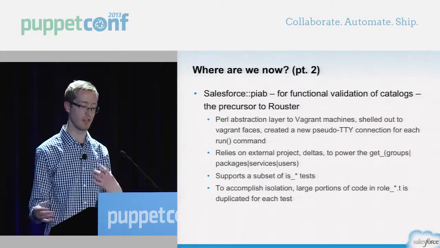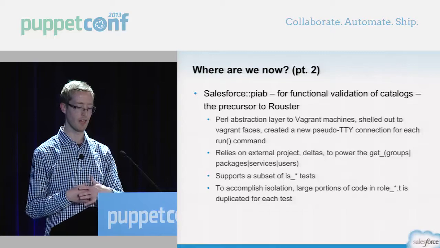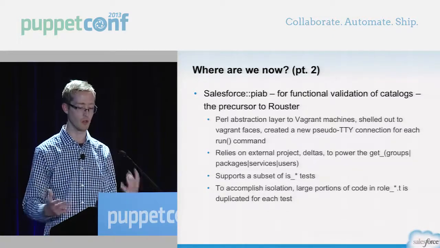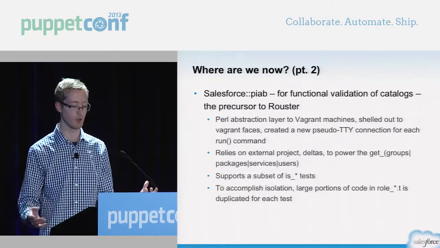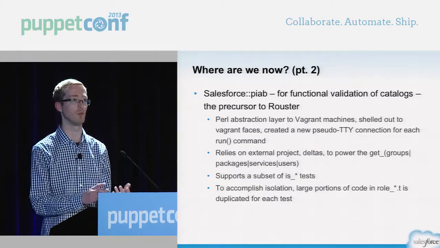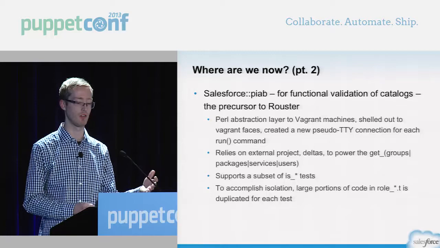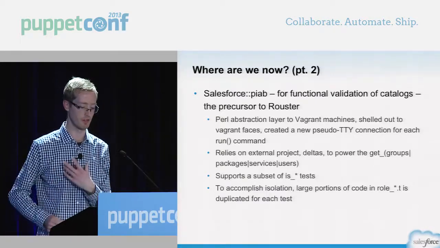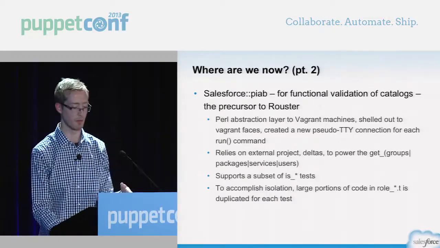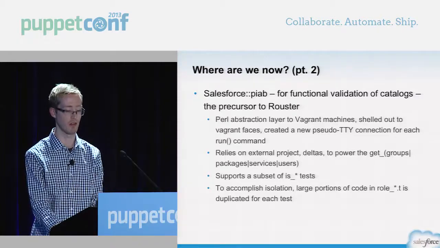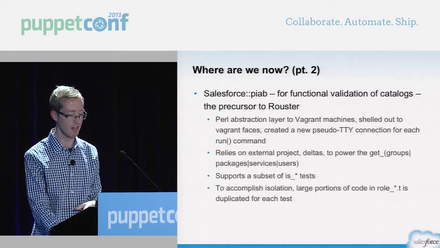Some of the other downsides, it relied on an external project to power some of the more interesting functions. It allowed you to inspect groups on the system, packages and services, as well as the users that lived on that system. SalesforcePM supported a subset of the is tests that we'll look at in just a moment.